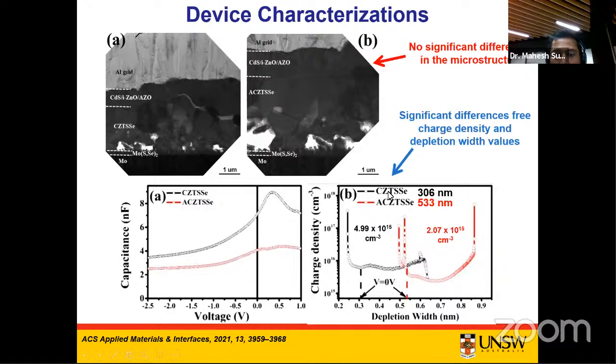These values further explain our observation of the improved band tailing characteristics as well as the VOC deficit characteristic, as a result of the reduced formation of the copper-on-zinc antisite defects or the copper vacancy point defects.